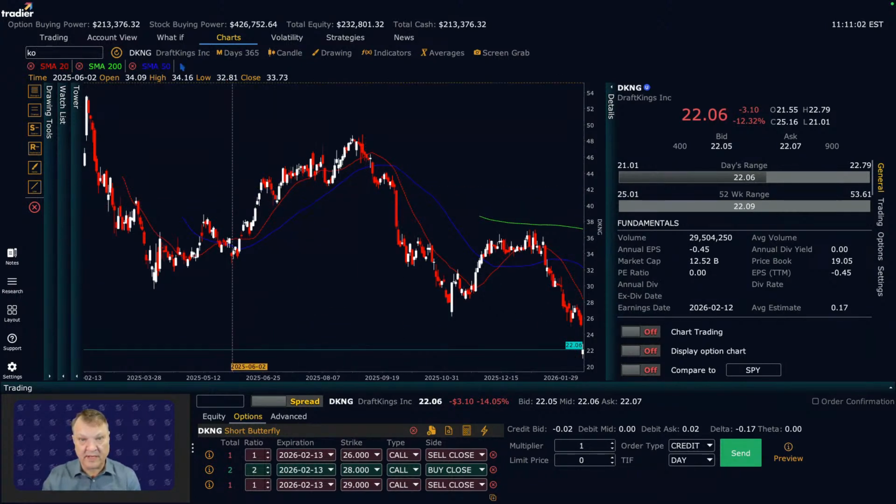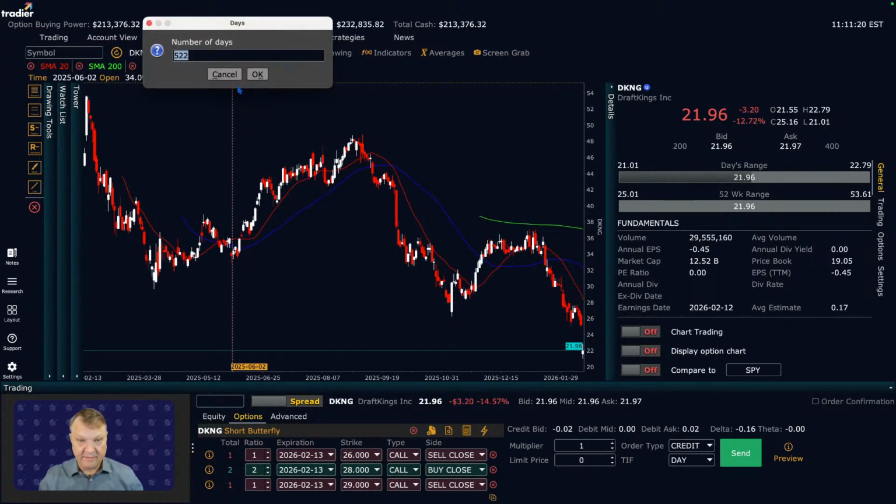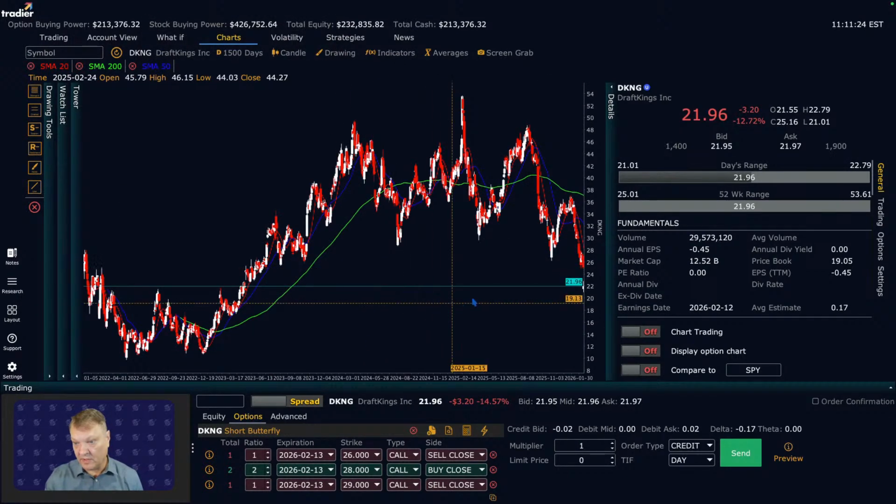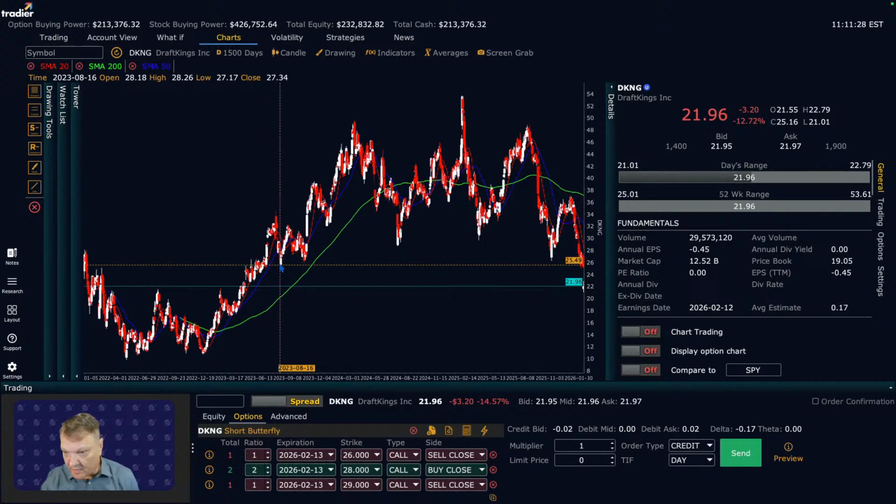In the short term, the chart does not look good in DraftKings now that we had the breakdown. Okay, let's go out 1,500 days, and I'll draw your attention to it if you weren't on the show on Wednesday. Right through here was a huge level of support, right around the 25 level.